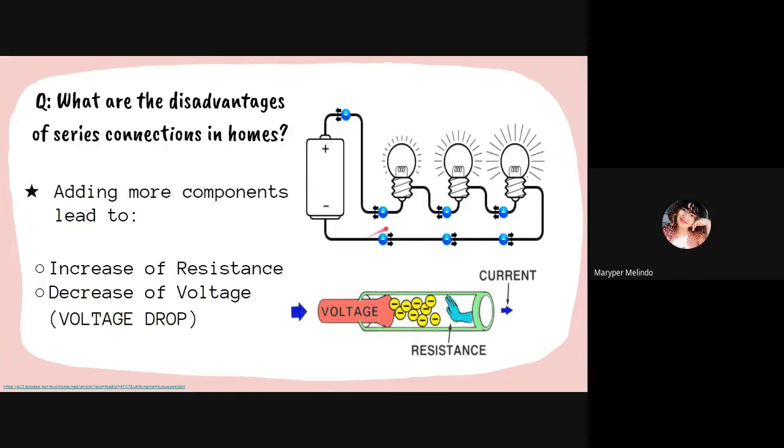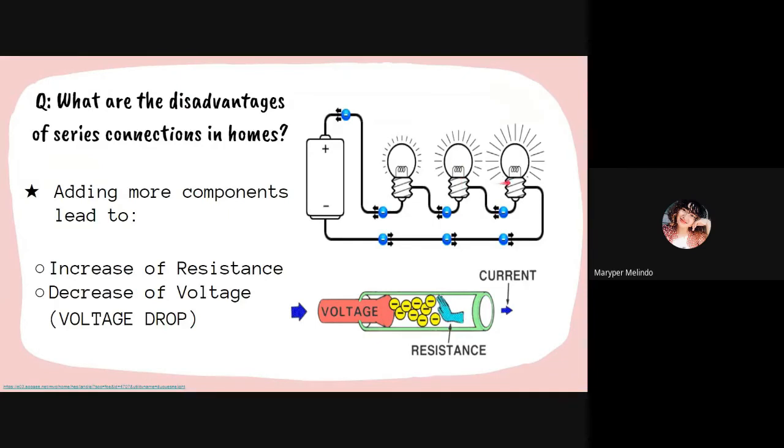If you will observe here, the first bulb that is connected, ayan, connected siya dito sa mismong ating negative terminal of the battery, yung pinaka-pinagsimulan ng source or ng electric current. Kung makikita nyo rito, siya yung pinakamaliwanag, di ba? It is the brightest. It has the brightest light among the three. Pero, as the electric current goes through this one, you will observe na bumabagal and at the same time, humihina.